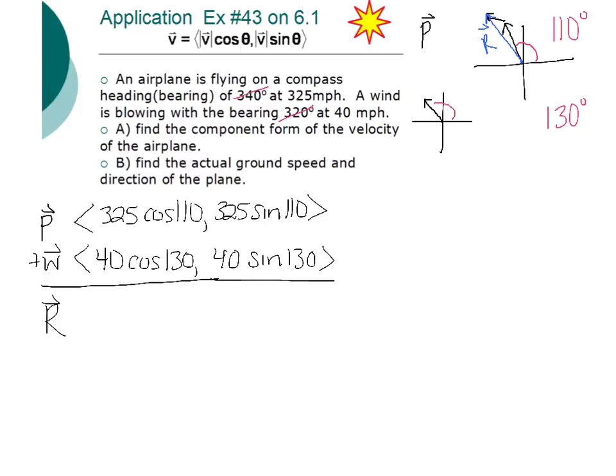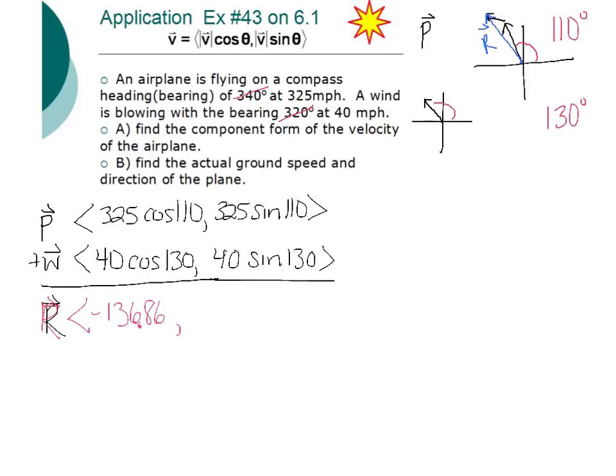I end up with, and let's change this to pink here, so this is my resultant, it is going to be negative 136.86. That's my horizontal component. Kind of makes sense because for my resultant here, I am left, so the horizontal component should be negative.